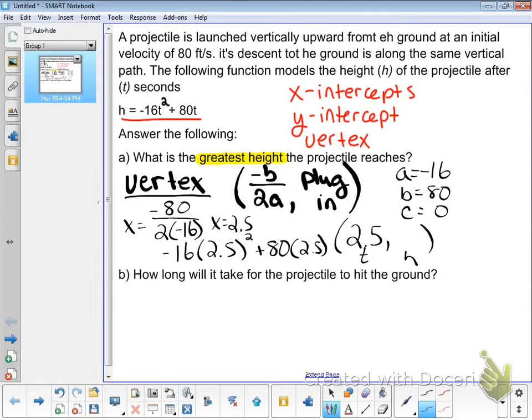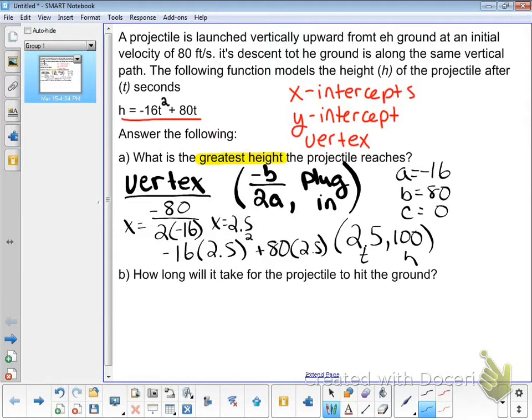Into the calculator, make sure that you put the squared outside of the parentheses, plus 80 times 2.5, and I get 100. That is the h of my vertex.